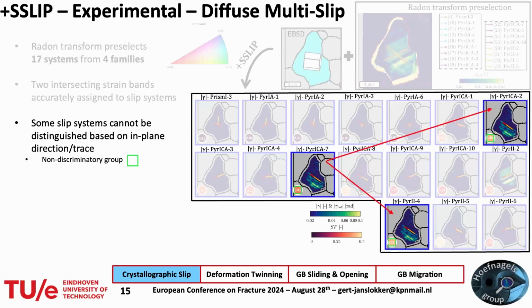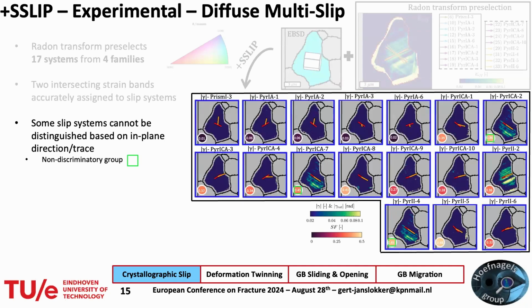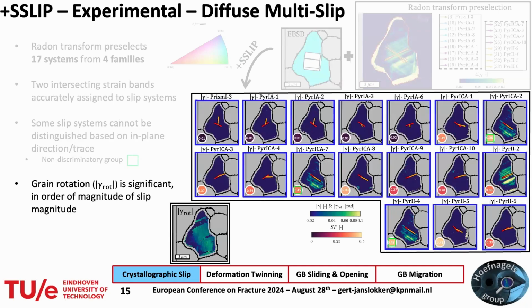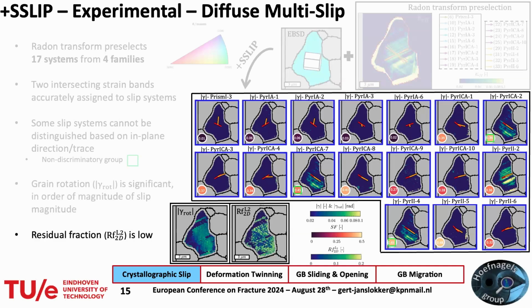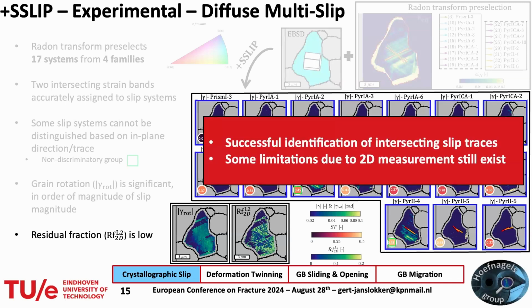So we call them non-conclusive or non-discriminatory groups, and we have to add up the slip activity. Well, the grain rotation in this case is sufficient. If you would not apply this degree of freedom, the identification would not be that good as we saw here. And the residual is low, which means again we have a positive identification. So to conclude, we have successfully identified intersecting slip traces, but there are still some limitations due to the 2D measurement.